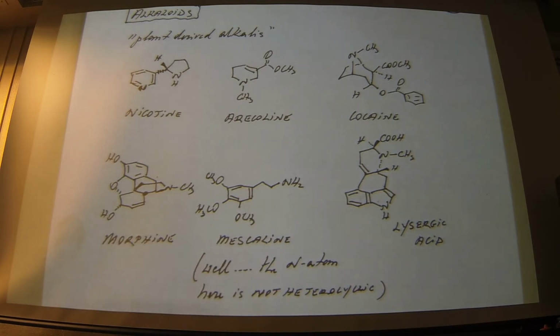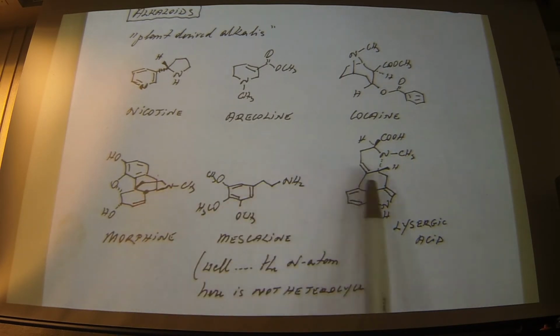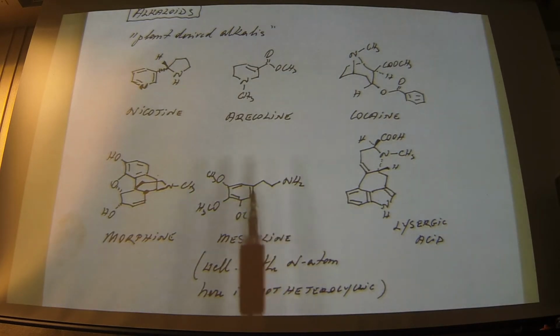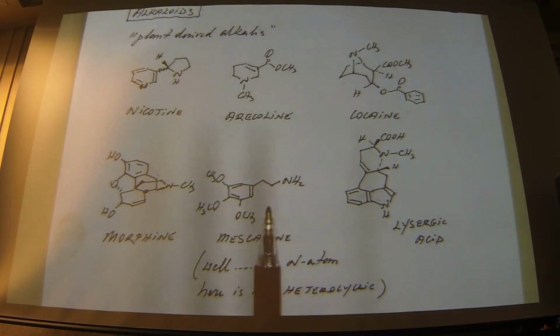Now, what I want to draw your attention to is the fact that these three compounds have a shared functional feature. And that turns out to be important in their physiological activity. I don't want to draw it out, but let me just show it to you. It's easiest to see here. All of these are phenethylamines.